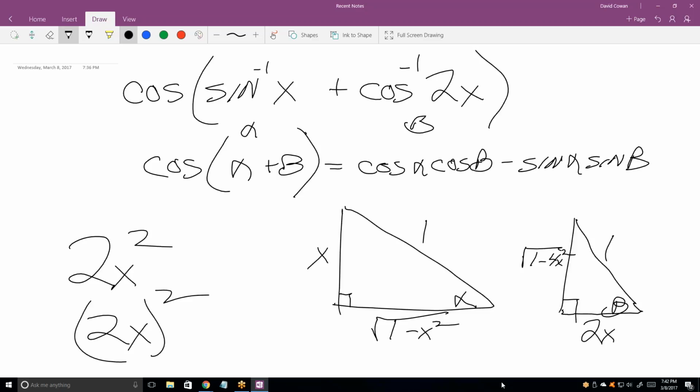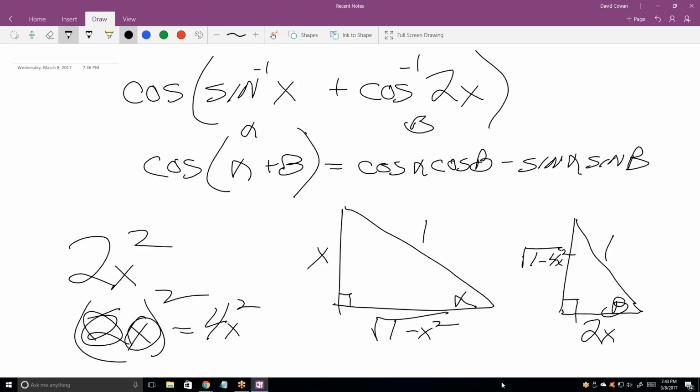Remember, it's the square root of the hypotenuse squared minus the short side squared. Well, the short side is 2x, so we have to square the quantity 2x. And when you square 2x, you get 4x squared. You gotta square the 2 and the x.